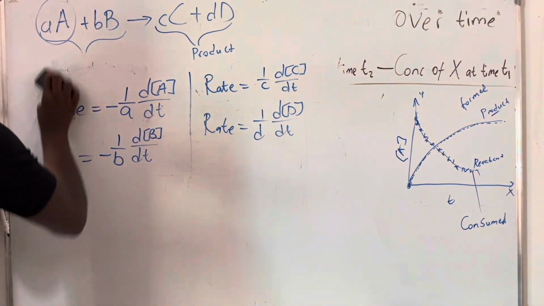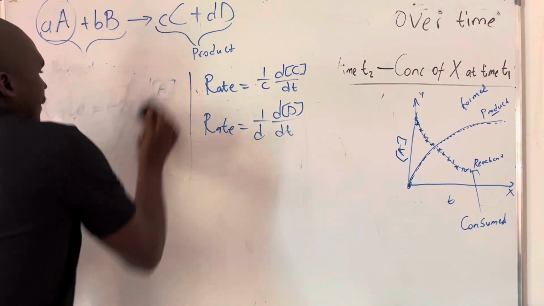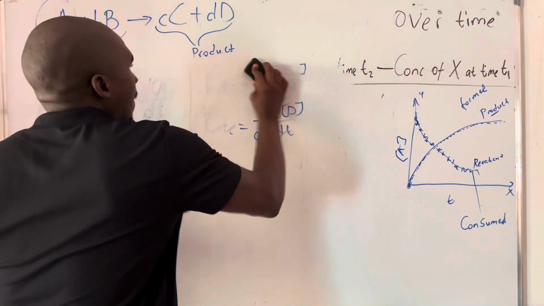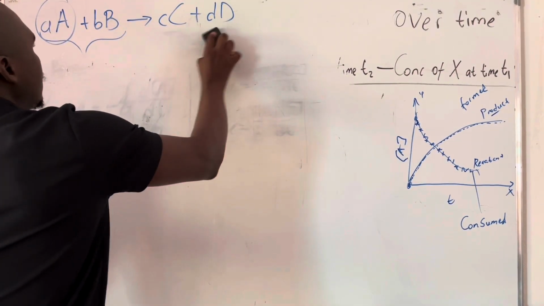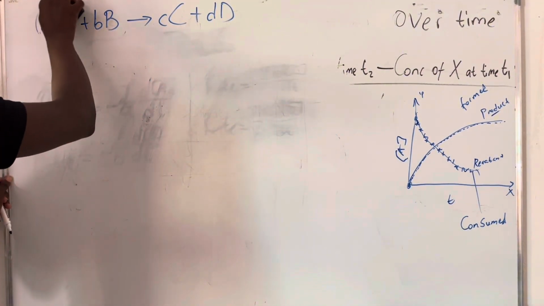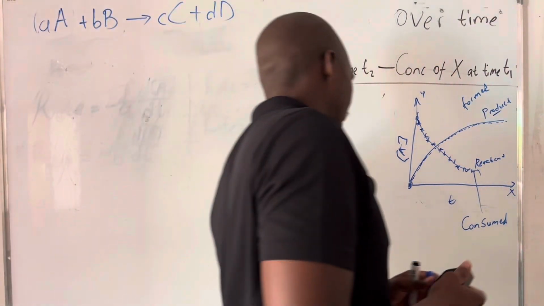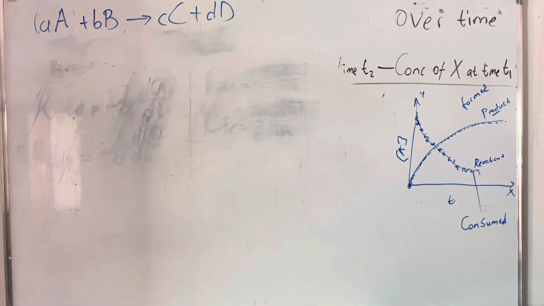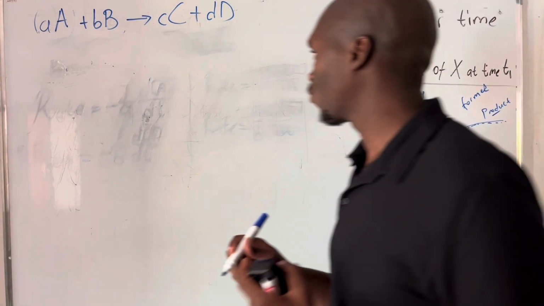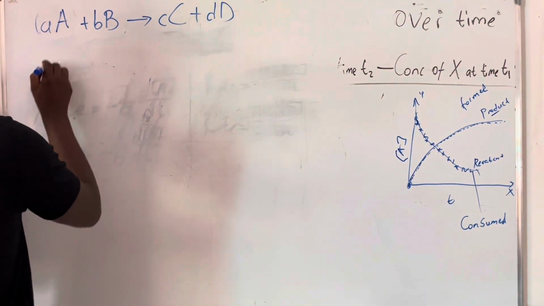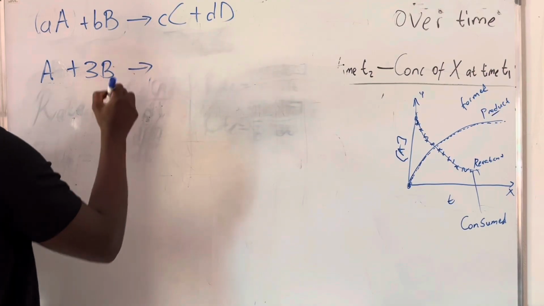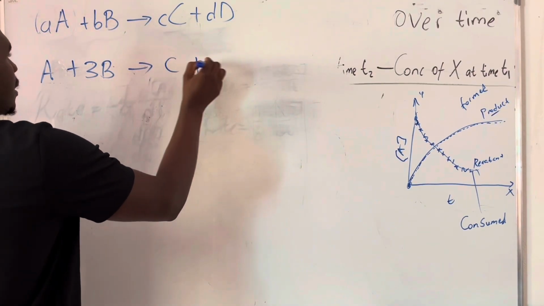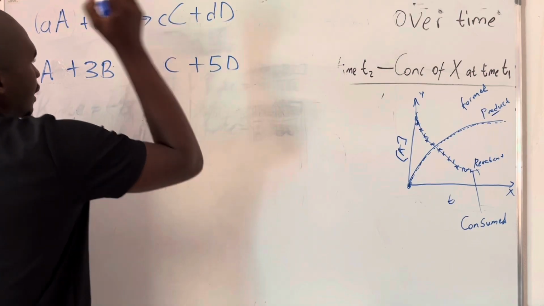So let's do that quickly. Let me erase this one. After I erase this, I will write the equation. Let's say we have the equation A plus 3B to give us C plus 5D.